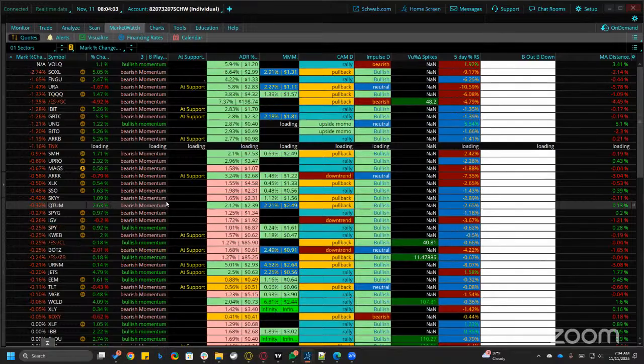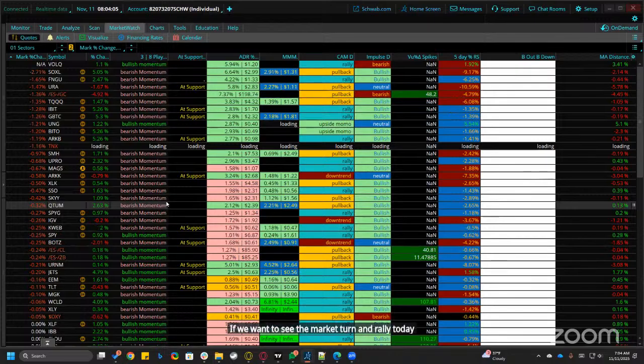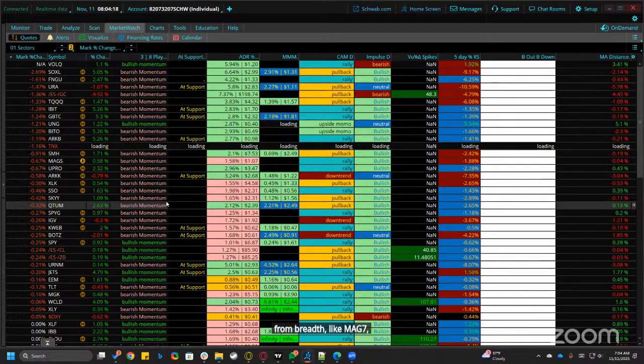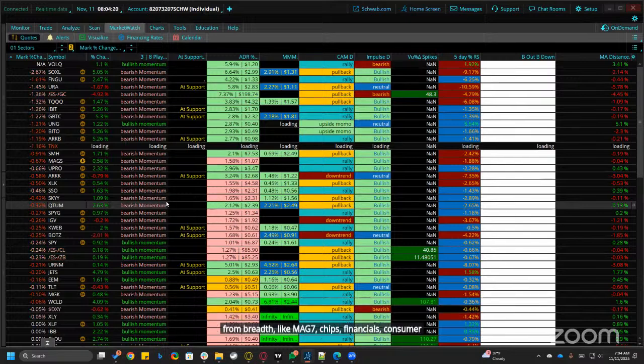If we want to see the market turn and rally today, it's either going to come from 0-day flows, which we wouldn't see right now, from breadth like Mag 7, chips, financials, consumer discretionary, and we don't have that now.